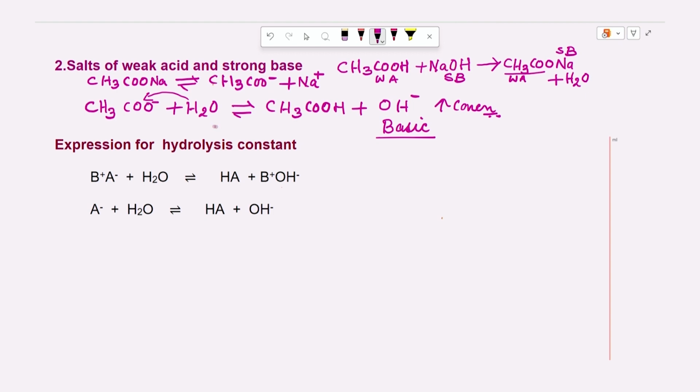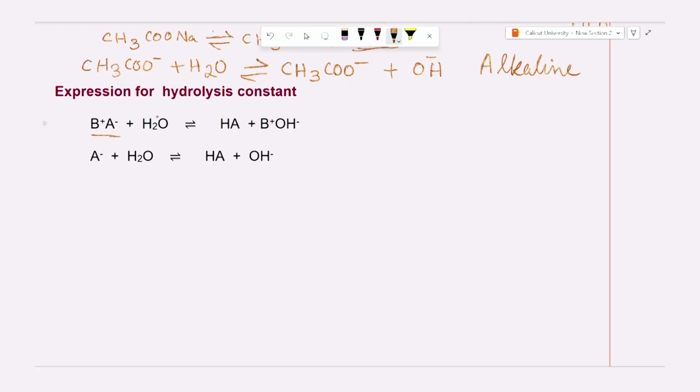Now, let us see an expression for the hydrolysis constant of this salt derived from a weak acid and a strong base. This is a salt which will be completely ionized. It interacts with water to form HA and the alkali BOH.